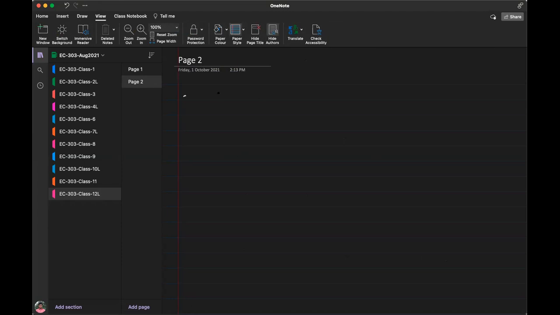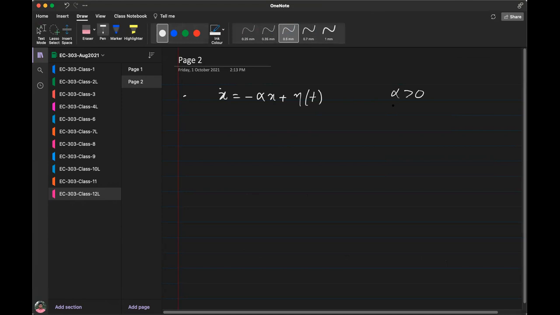So we now have this, where alpha is greater than 0 and eta t is Gaussian white noise.